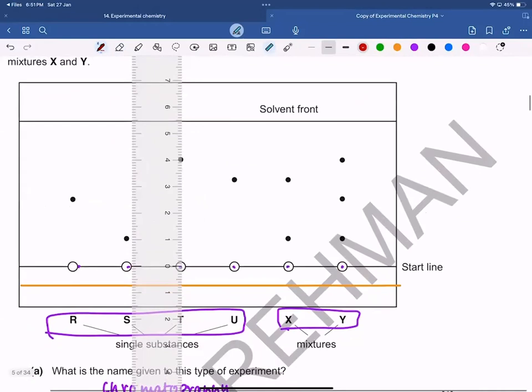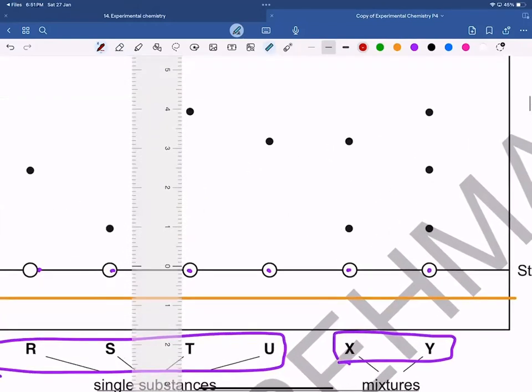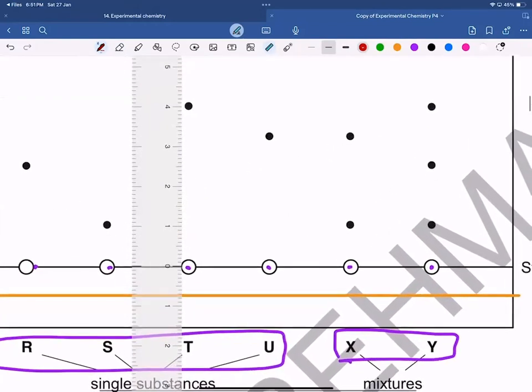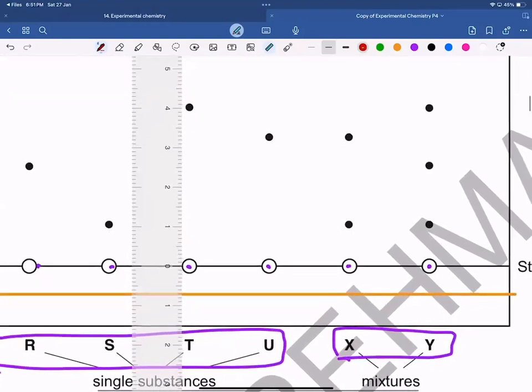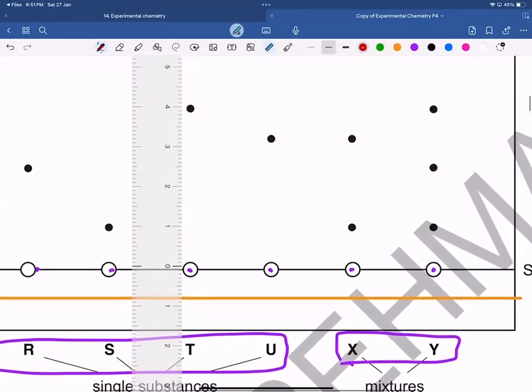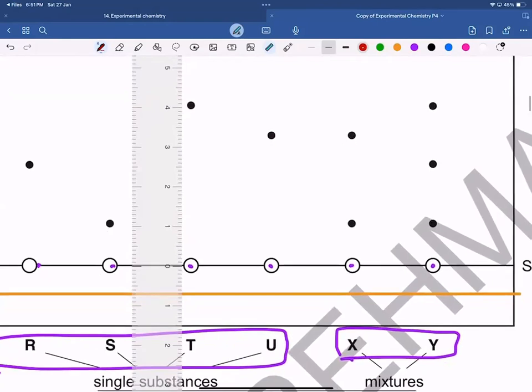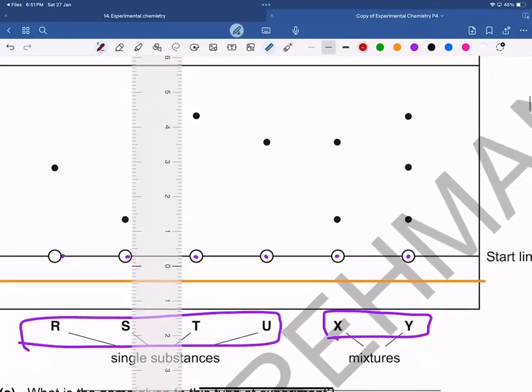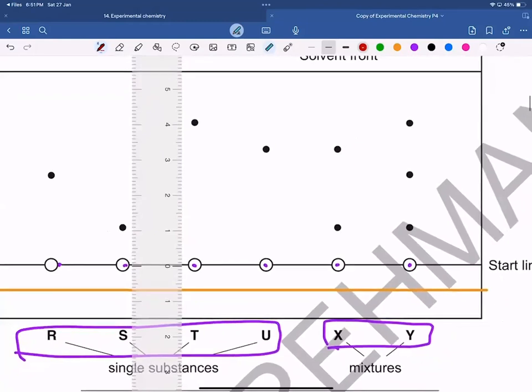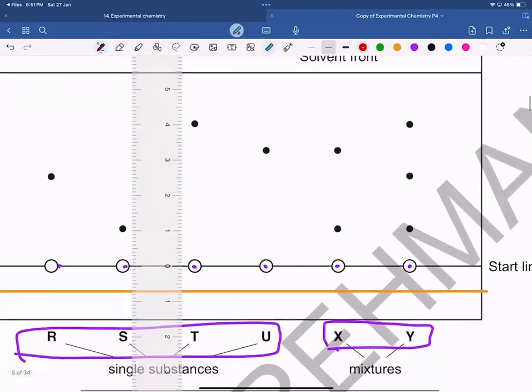The distance traveled by T is 4, it's 4. And if you look at the solvent front, it's 5.5.